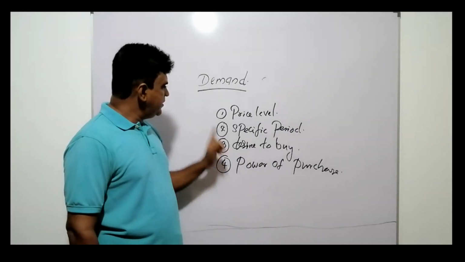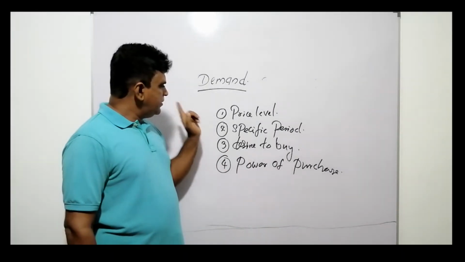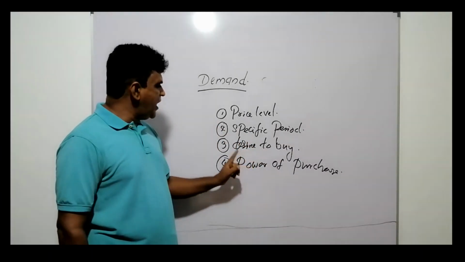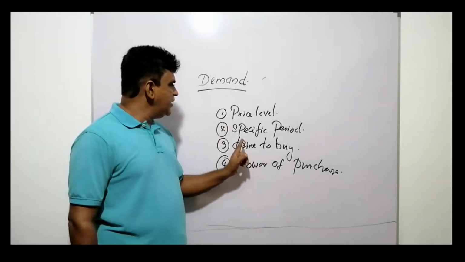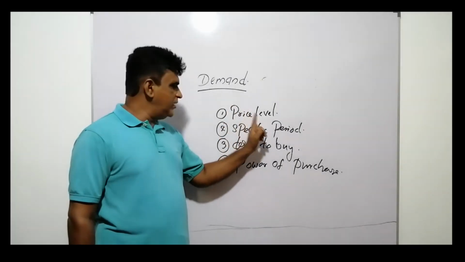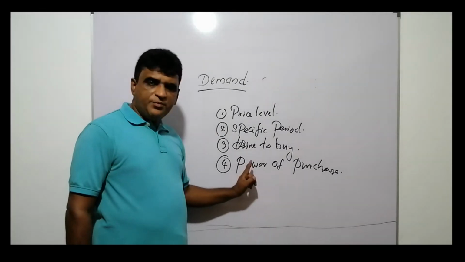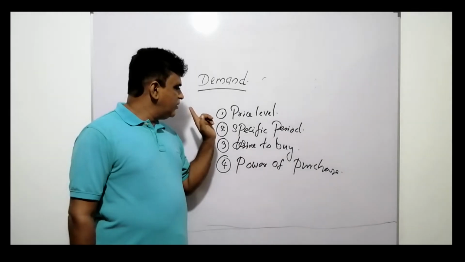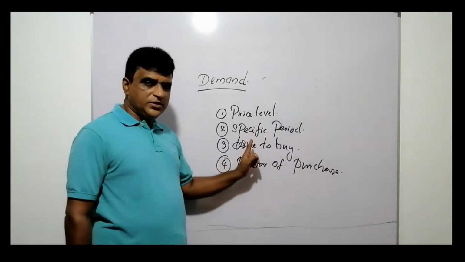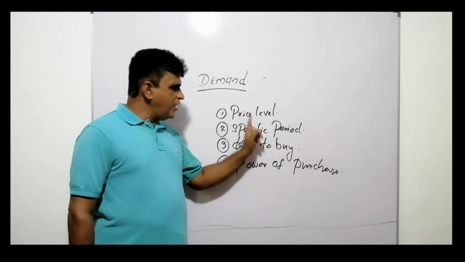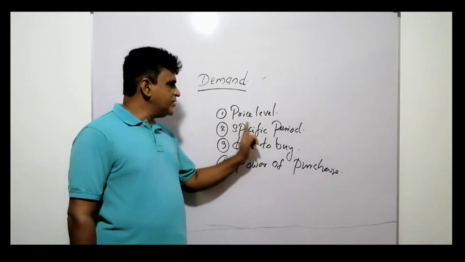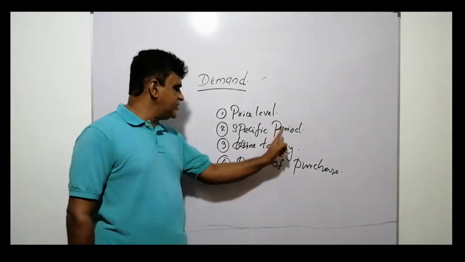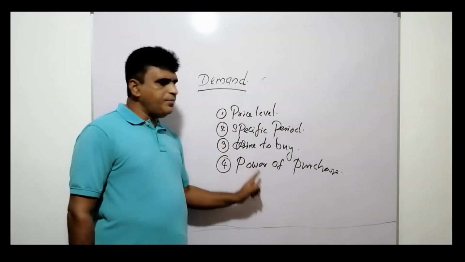Demand is the quantities of goods that customers desire to buy under different price levels within a specific time period. Different quantities that customers are willing to buy or desire to buy under different price levels in a specific time period.